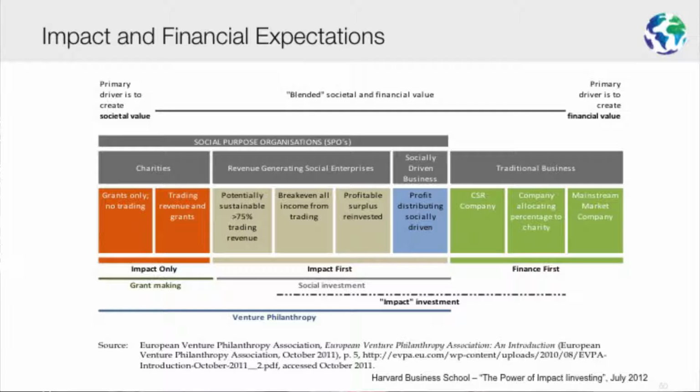Those are the kinds of investment terms that probably are below market rate return for the investor, but one where they're very focused on the impact and positive, either social or environmental outcome that your business embodies. And then as you move to the right, it becomes a little bit more traditional with some financial expectations that increase.